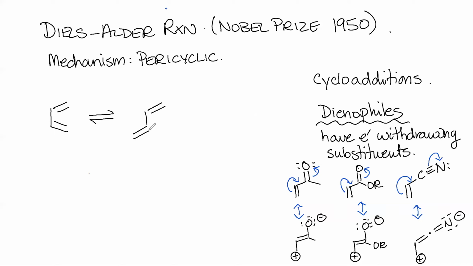And the important part has to do with the way that we're going to make the bonds in this reaction. So this is what we call the s-cisoid conformation.